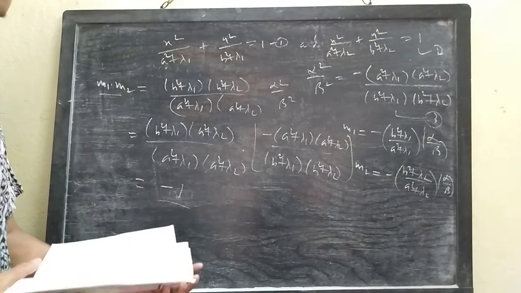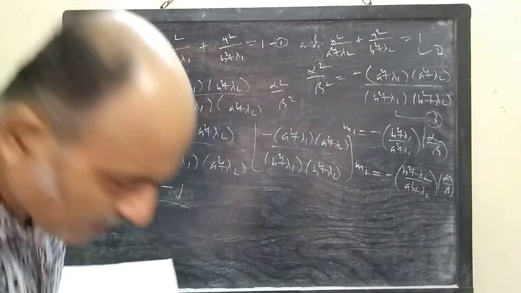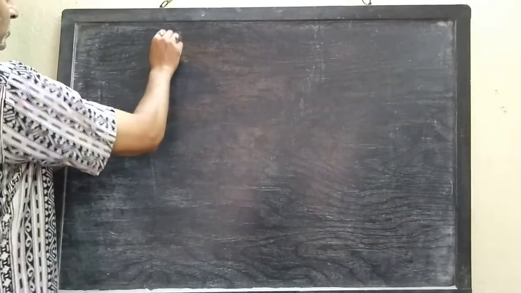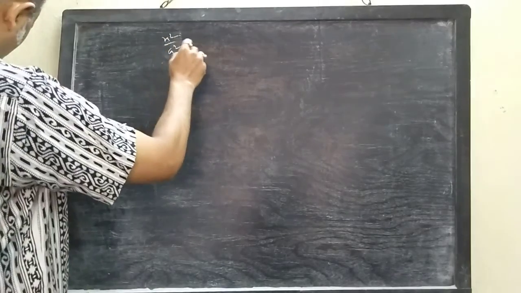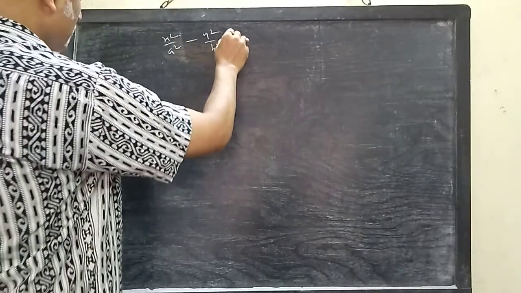Next question. Find the condition for the following set of curves to intersect orthogonally. You have the curves, first one is a hyperbola, x square by a square minus y square by b square equals 1.